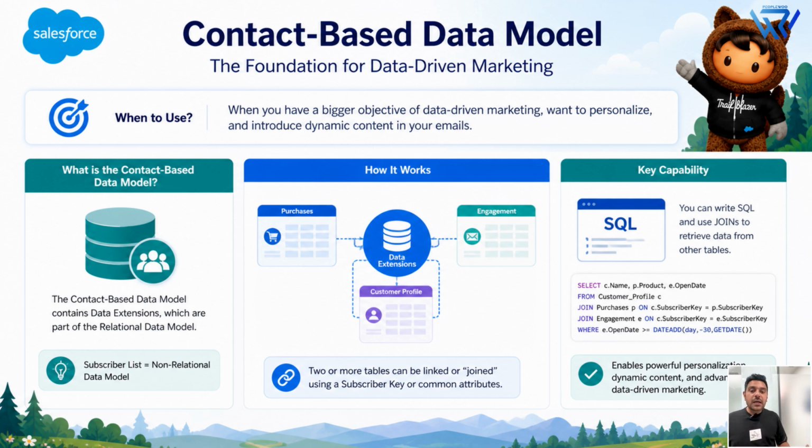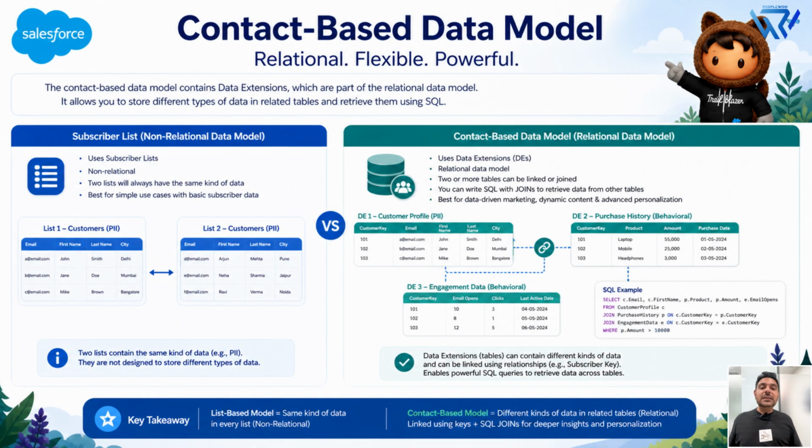A relational data model is a type of data model, in simple words, where two tables can be linked and joined. You can write SQL joins to retrieve data from other tables. Two lists will always have the same kind of data, but two data extensions which are part of the contact-based data model can have two different kinds of data altogether and can be linked to each other.